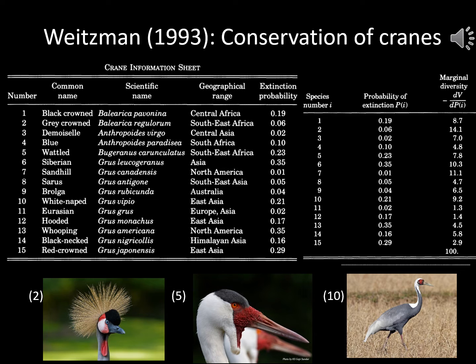Weitzman later applied his idea to the conservation of cranes, where he relied on expert opinion for input to the different survival probabilities and phylogenetic tree distance of the crane family.